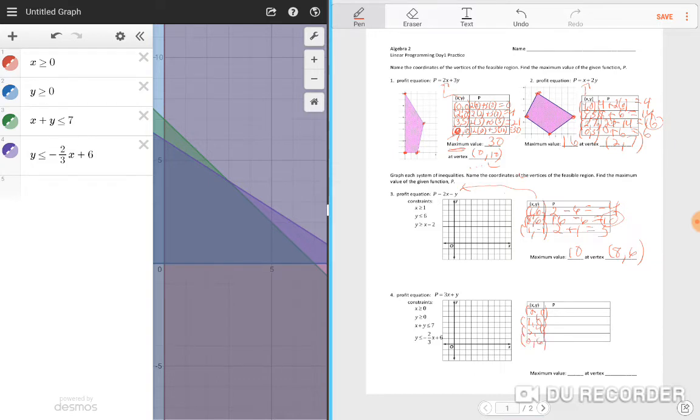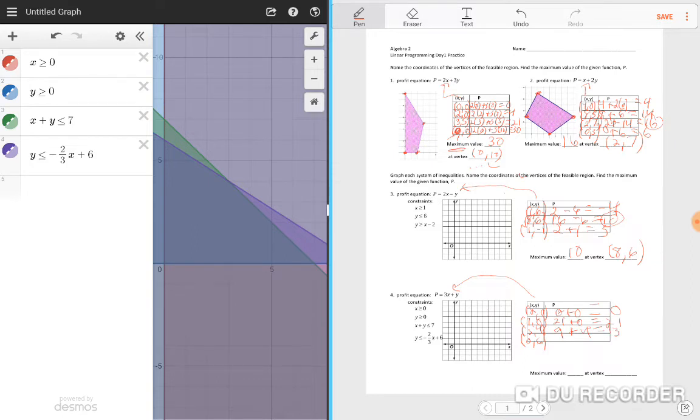So I'm going to plug those values into my objective function. 3 times 0 is 0 plus 0, so 0 plus 0 is equal to 0. That's not very big. Plug in 7, 0. 3 times 7 is 21 plus 0 is 21. Okay, not too bad. 3 times 3 is 9 plus 4 is 13.